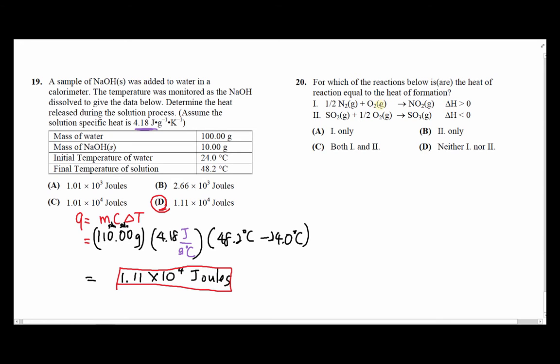For which of the reactions below are or is the heat of reaction equal to the heat of formation? You need to know the definition of heat of formation. That's the energy required to form a compound, and that's 1 mole specifically. You need to meet 2 conditions, one of which is it has to be standard state at 25 degrees Celsius, 1 atm, and that's not really emphasized here.